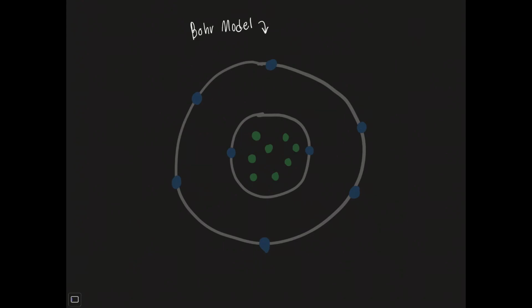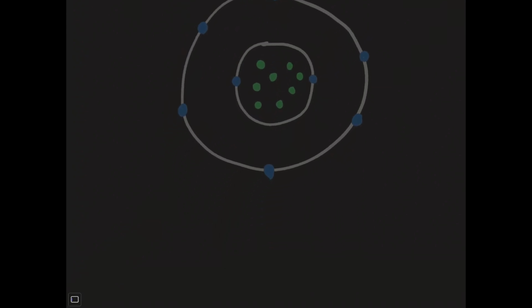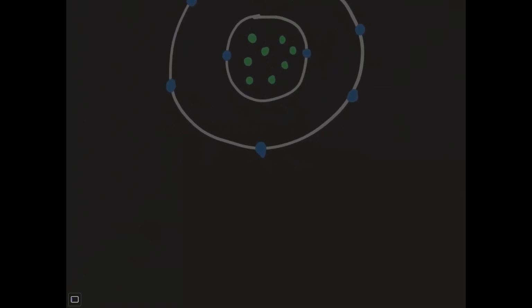So, essentially, what a neutron is, a neutron is a subatomic particle. It resides in the nucleus of an atom.